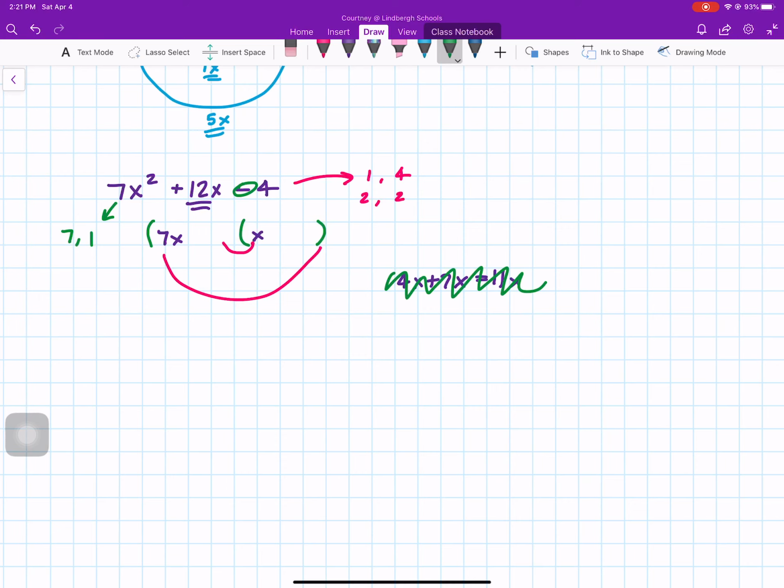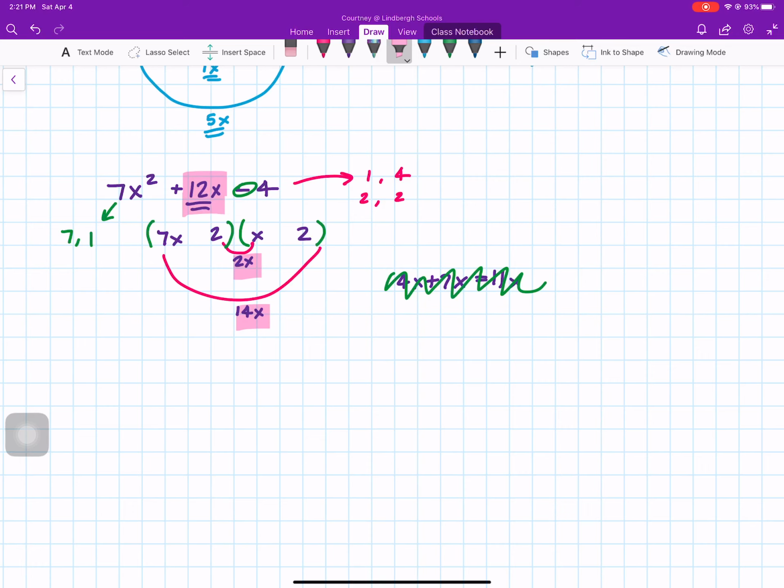So let's try the pair 2 and 2. So I have 2 times x, which is 2x on the inside. And then on the outside, I have 7 times 2, which is 14. And now I have to think, can 14 and 2 give me 12?